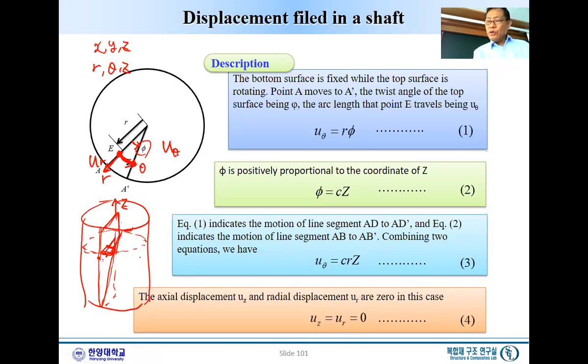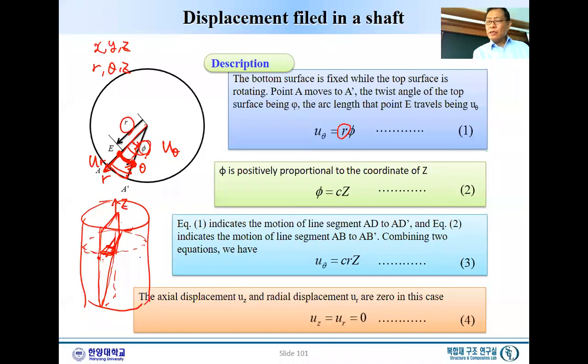Okay, so u_theta is simply proportional to r. In other words, here the point has a u_theta, and this is a u_theta, and that is a u_theta. As you can see, this u_theta is r times phi.